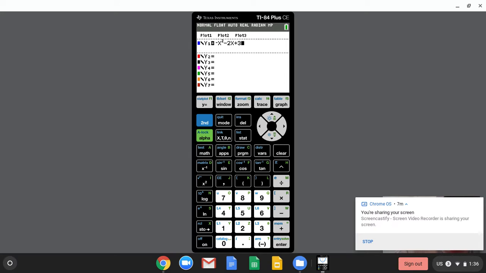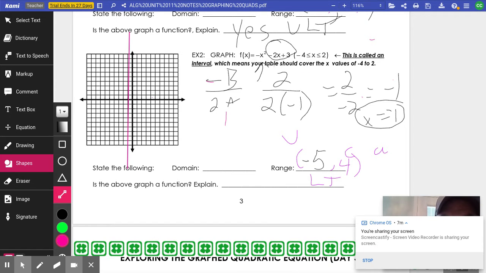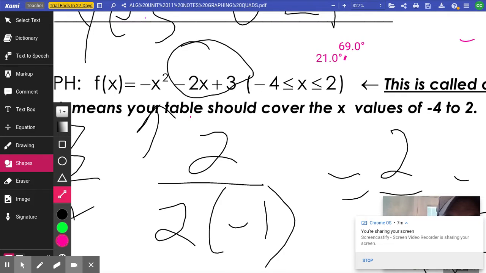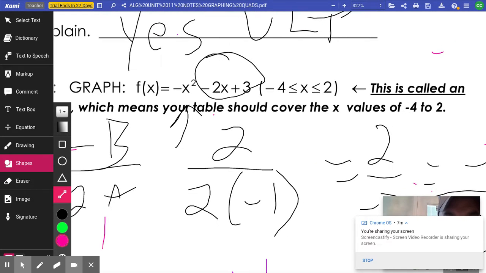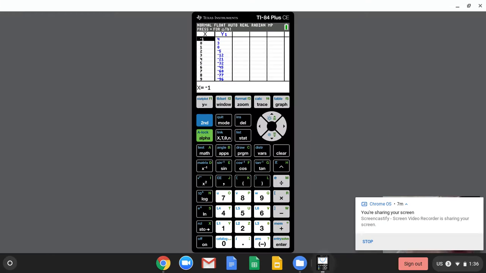All right. Second graph, according to what they said in the picture, I only need from -4 to +2. Just those, from -4 to +2. All right. So I'm going to go in here and change it to -4 to +2.